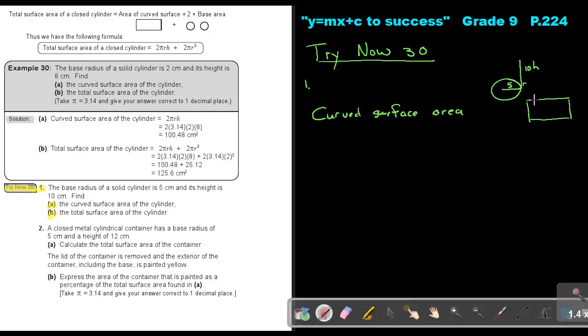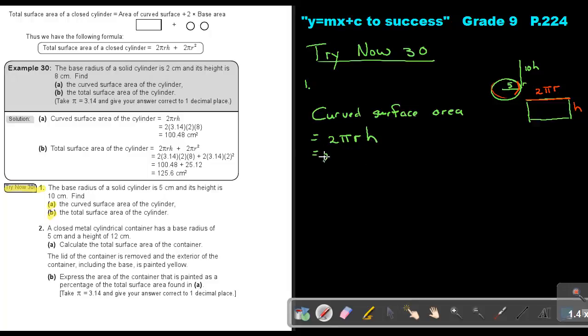The curved surface area will be the rectangle. This part fits exactly around the circumference. So the circumference of a circle is 2 pi r, and that will be times the height. So the curved surface area will just be 2 pi r, which is the circumference, times the height. It's better to remember it just like that.